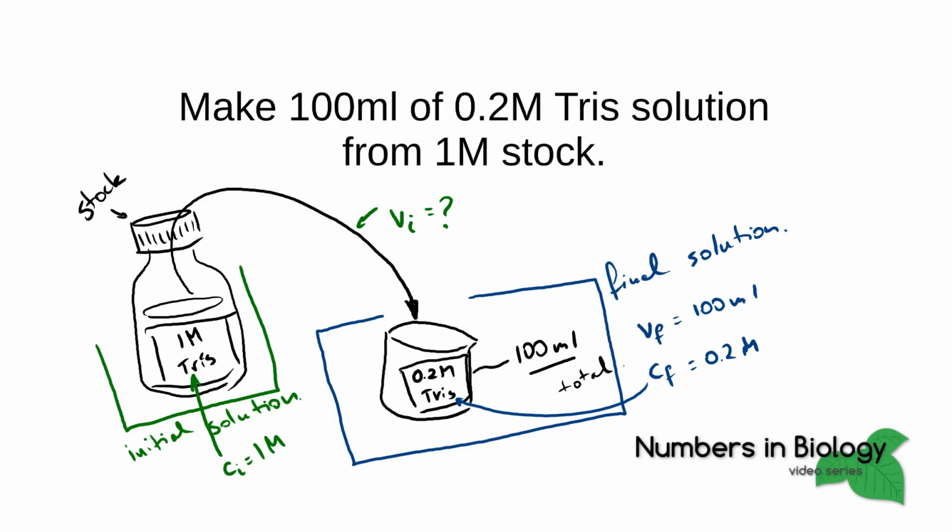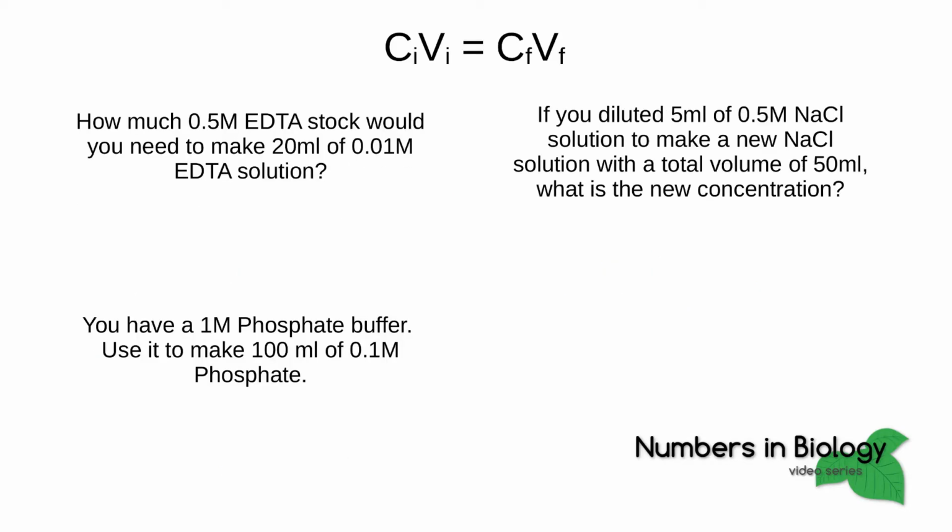Okay, so let's try to use that to take a look at a few problems. So here is one sample problem, and so let's just color these in. I'm going to say that CI is going to be blue, CF is going to be green, and I'm going to use yellow for VF, and I'm going to highlight my VIs in red.